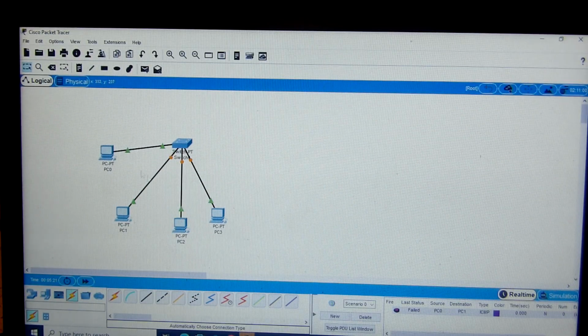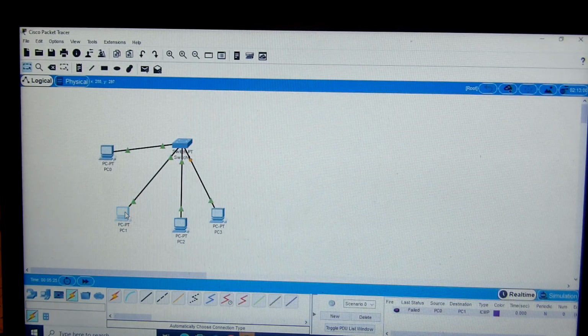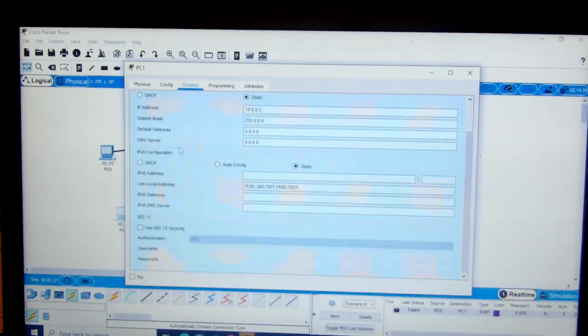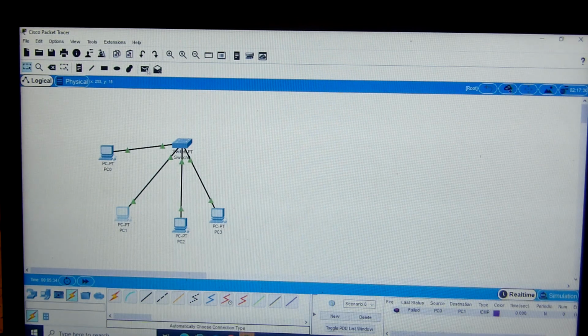No, this is 0.2. This is 0.3. So if this one is going to send data from here to here, that's okay, it's successful. Okay, let's clear this.